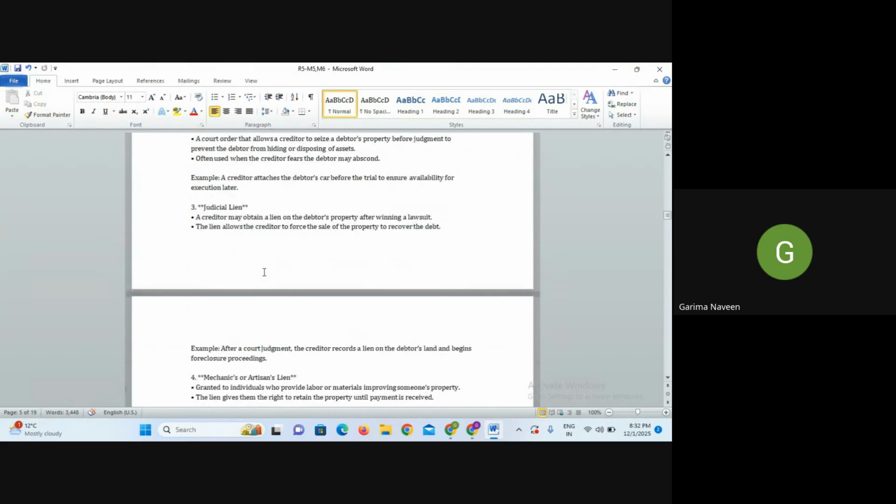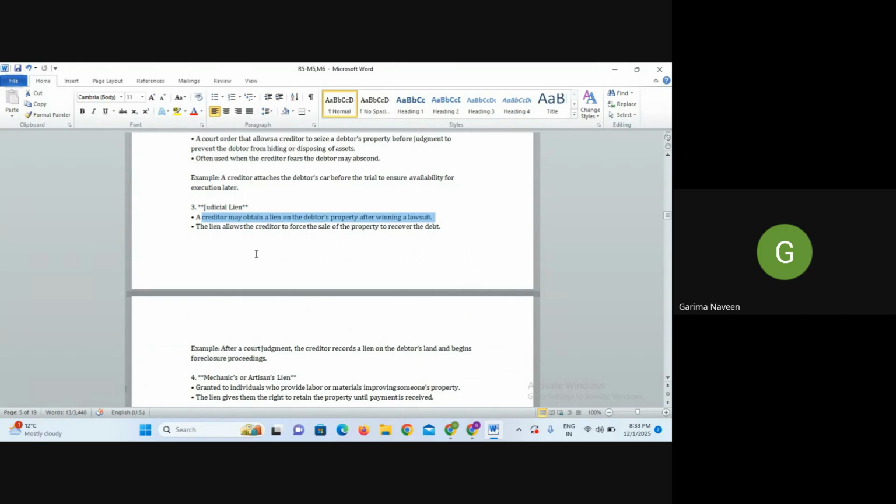Next is judicial lien. A judicial lien means a creditor may obtain a lien on the debtor's property after winning a lawsuit. The lien allows the creditor to force the sale of the property to recover their debt. So this is also a right of the creditor: he can take possession of the debtor's property after winning a lawsuit.